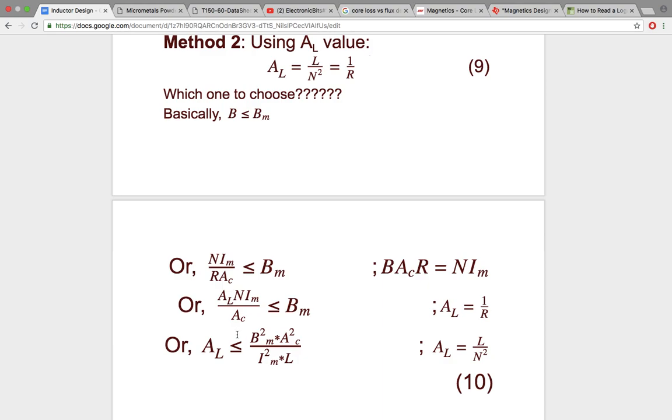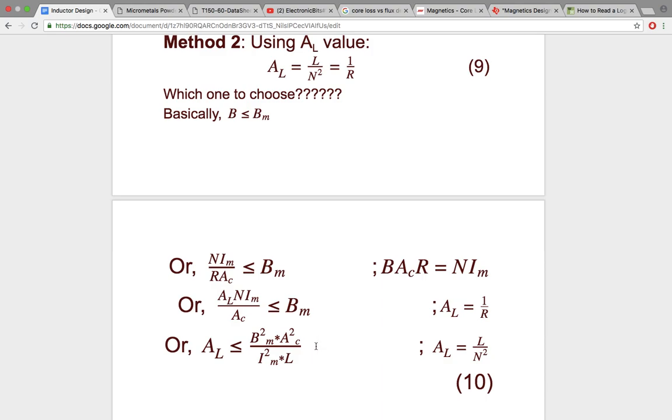Hence, if we analyze that way, we can also conclude that if this inequality is followed, then we need not introduce the air gap, because the reluctance of the core is sufficient without an air gap. But if this is not followed, then we have to introduce the air gap.